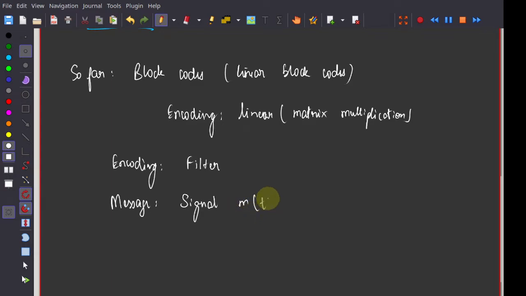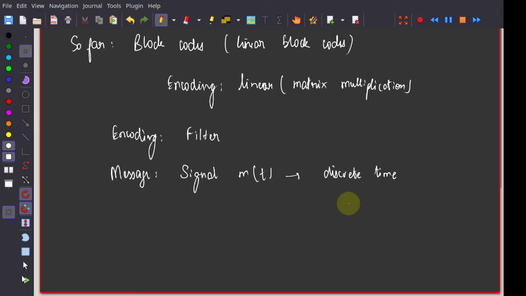Let's call it m of t. So this is a discrete time signal. And the code word, again, does not necessarily have to have fixed length. It could be variable length. So the code word is another signal, which is some other discrete time signal.